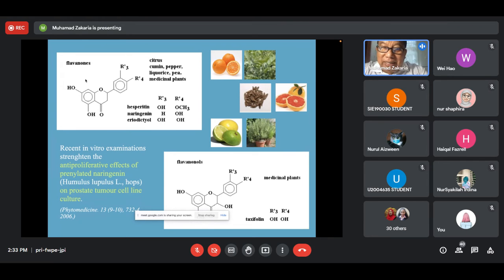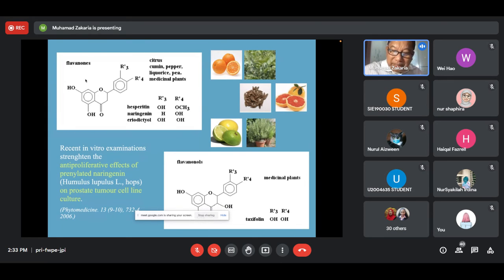But definitely the yellow color in oranges, grapefruits, or even limau, the yellow color is from carotenoids, another class of compound. But there are also flavonoids. So if you want to strengthen your antibody against cancer, then you should take the skin of these fruits.